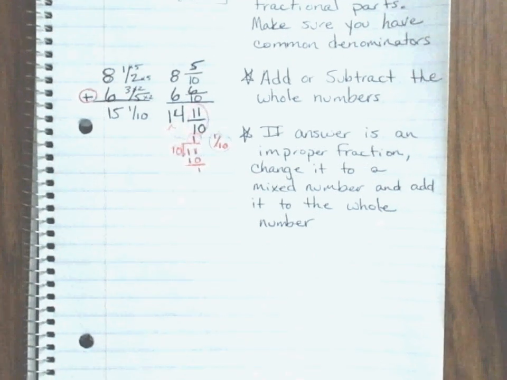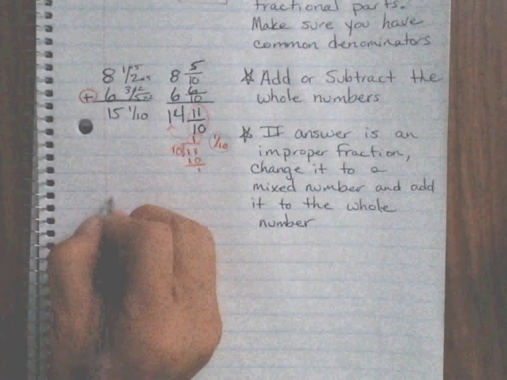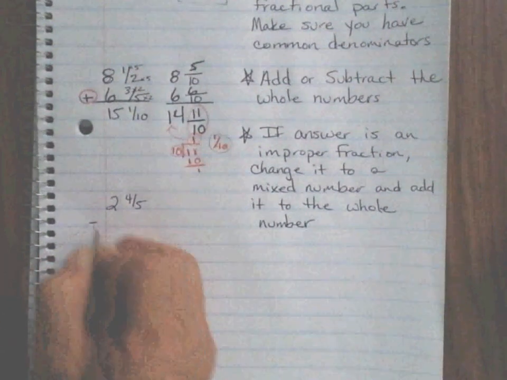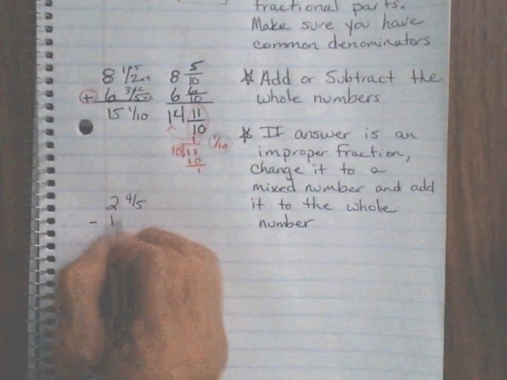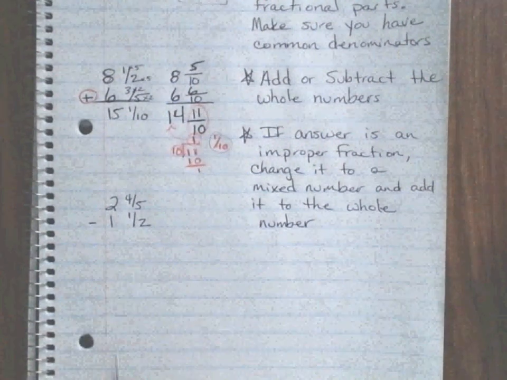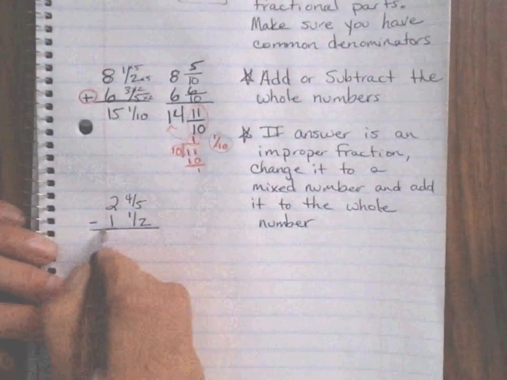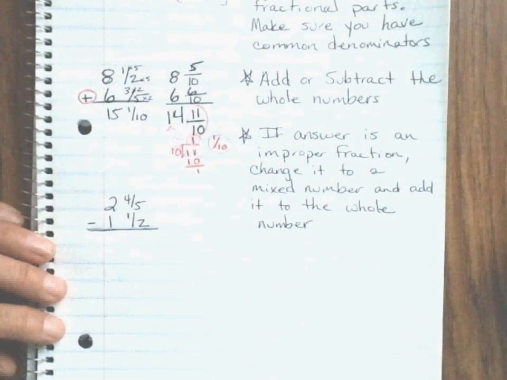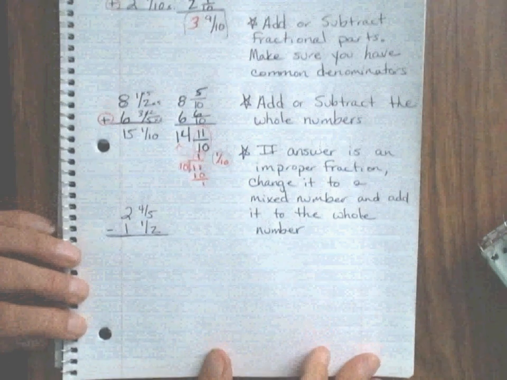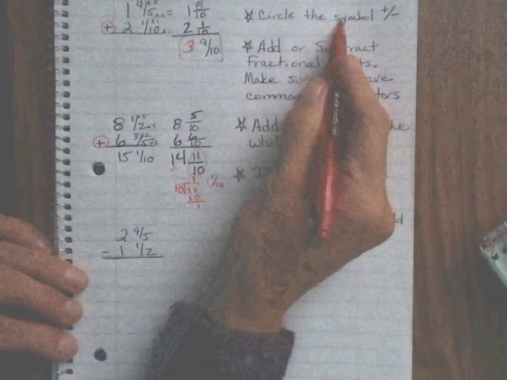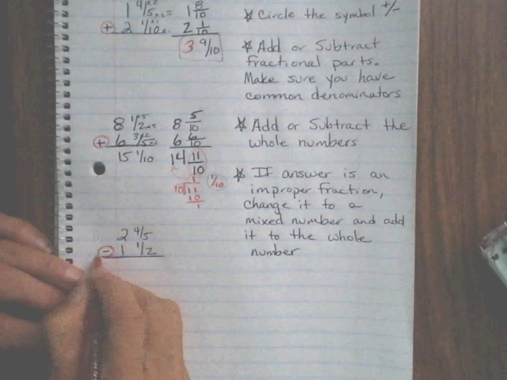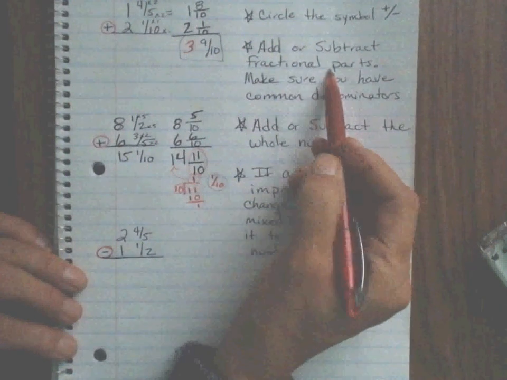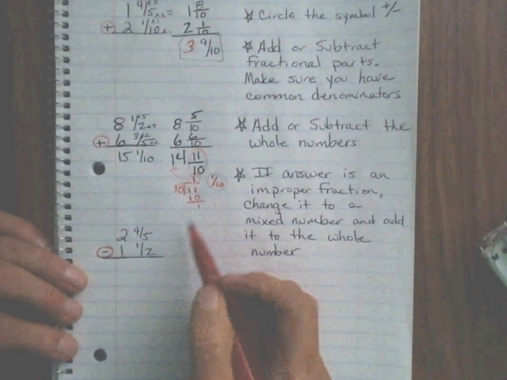Okay. Let's try a subtraction one. Let's do 2 and 4/5 minus 1 and 1/2. Okay, first thing I'm going to do is circle that symbol so that I remember this time I'm subtracting. Then I'm going to subtract my fractional parts, making sure I have common denominators.